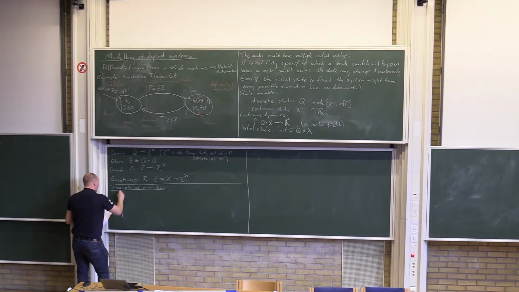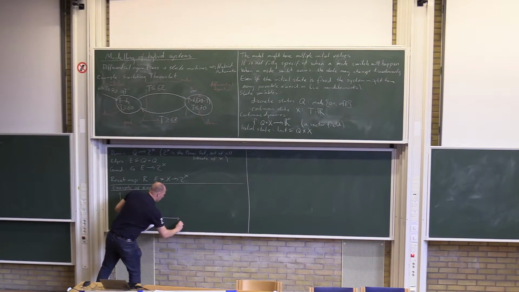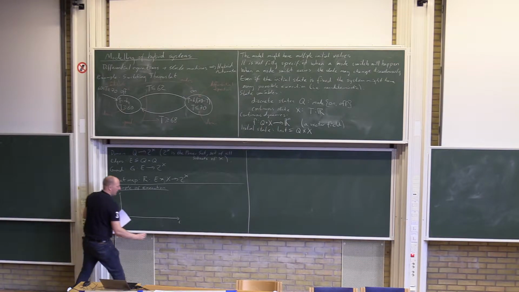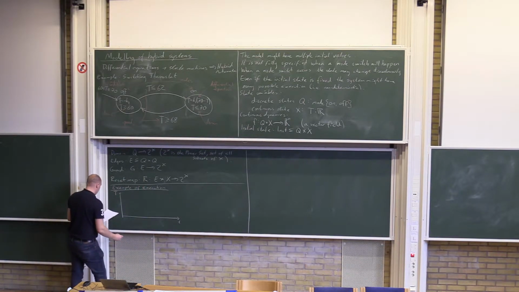But let's assume that we have observed the system now. So then we can start to write down a trace here. So we have T, temperature, and the time on this scale. And then we do something like this. Okay, and then let's say we have 60, 62, 66, 68, 70, something like that.